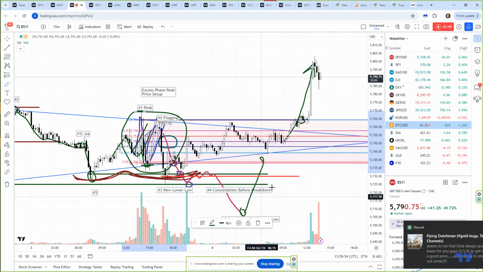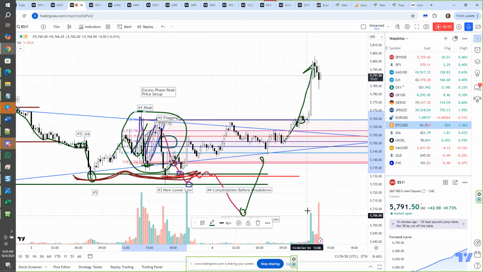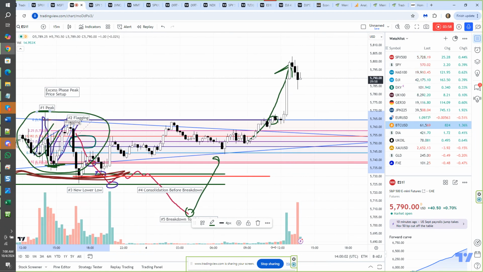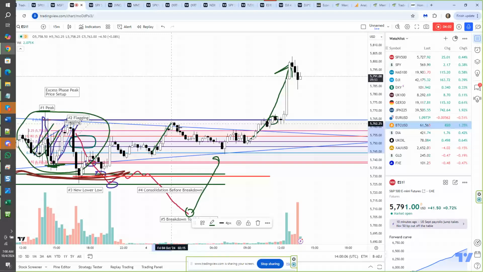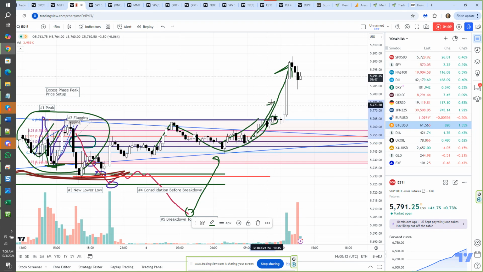But if you understand anything about what we're talking about here with the excess phase peak pattern, is that we had a peaking pattern here, rolling down into flagging and rejected out.